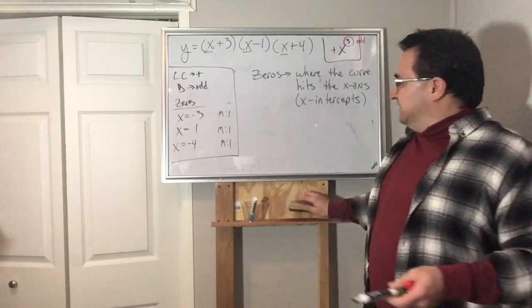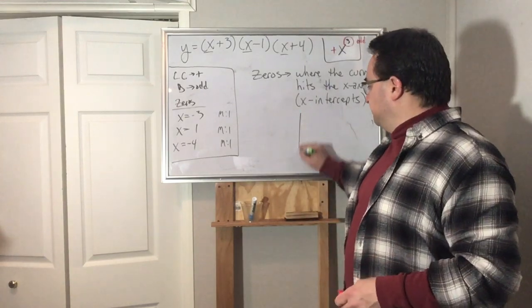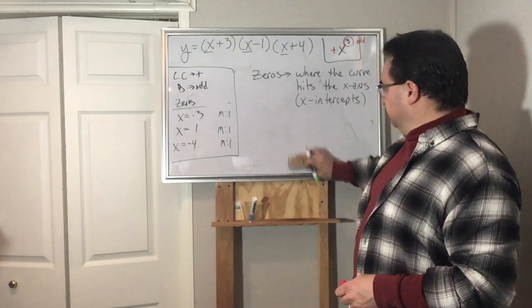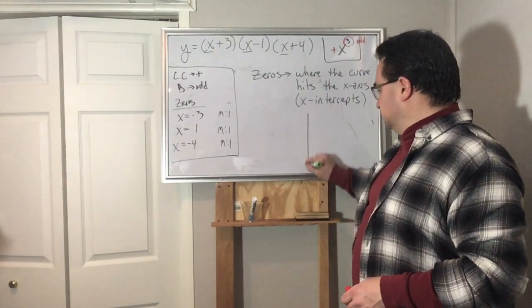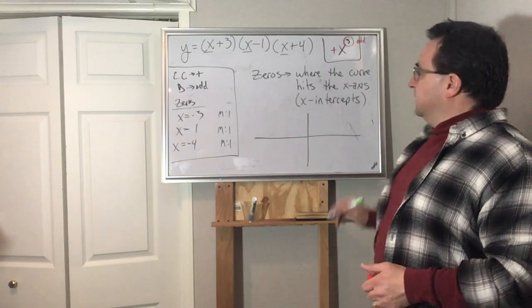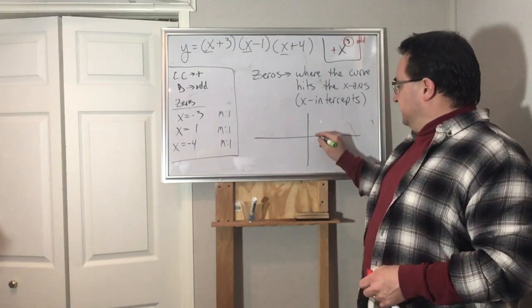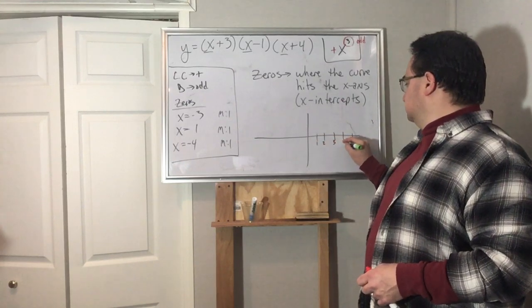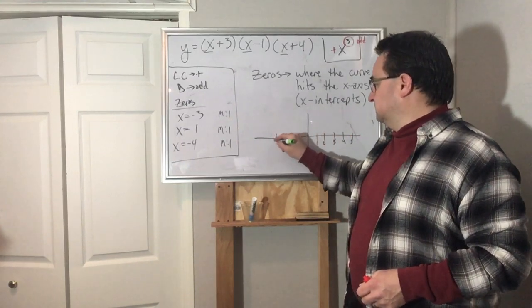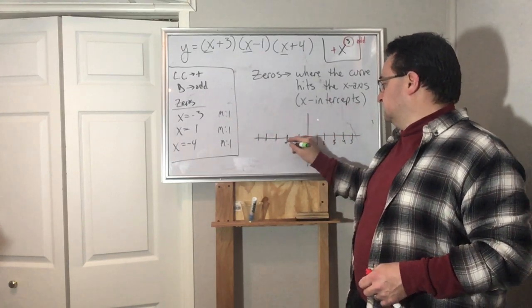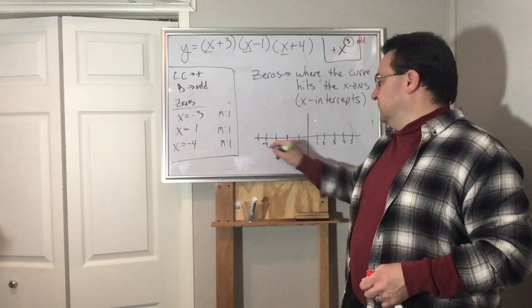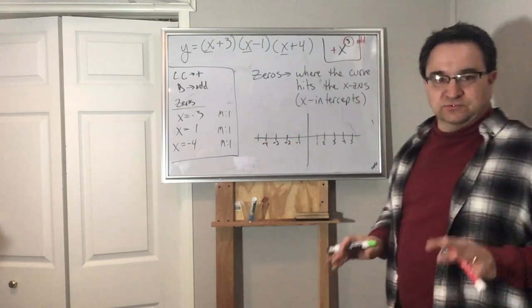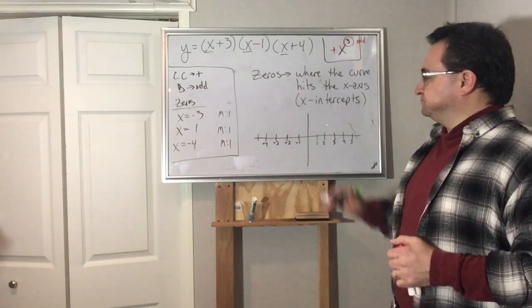I think I can squeeze it in here. All right. So I need to scale my x-axis. We really don't care about the y-axis. We're just trying to get a sketch here.